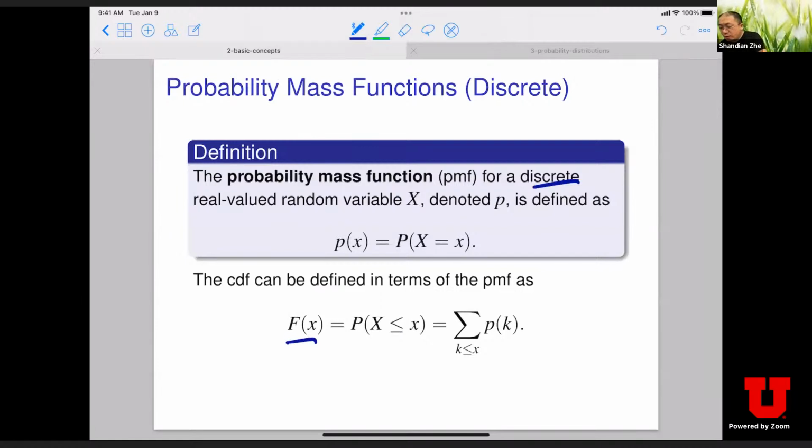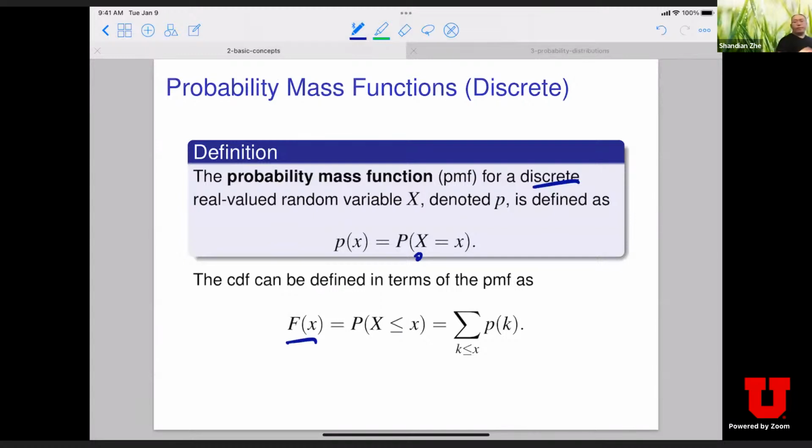That means the probability that your random variable's output takes a particular value. For example, you can define your random variable as mapping from some random experiment outcomes to, say, 1, 2, 3. Like we have 3 outcomes.